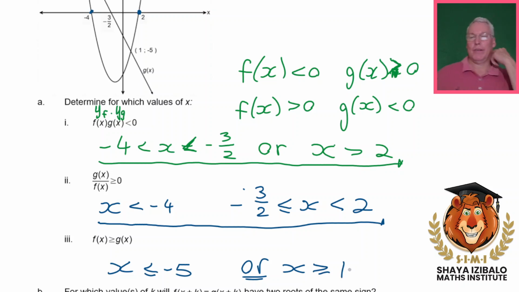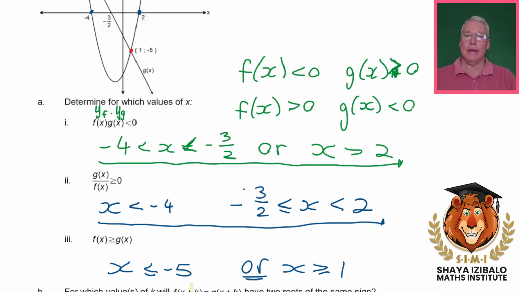Right, now it asks, for which values of x will this function have two roots of the same sign? Now, at the moment, these graphs intersect at a positive x value and at a negative x value. Right, that's as they are. What is this going to be?